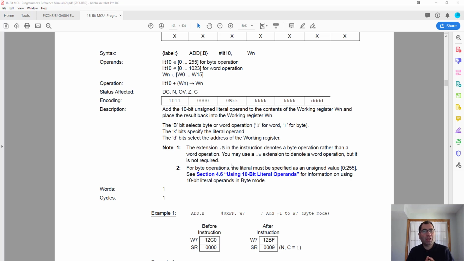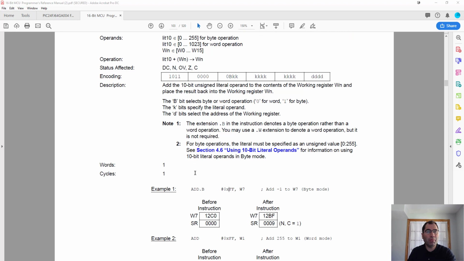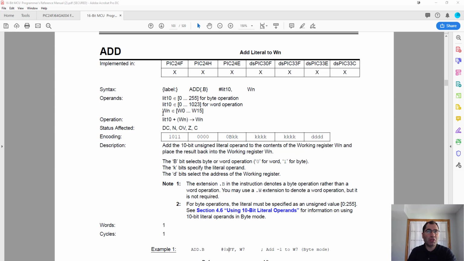Our intention here is not to teach you every instruction and how they work and figure out the encoding for each of them. My intention here is really to help you to be able to read the data sheet, right? So that's basically what this is all about.